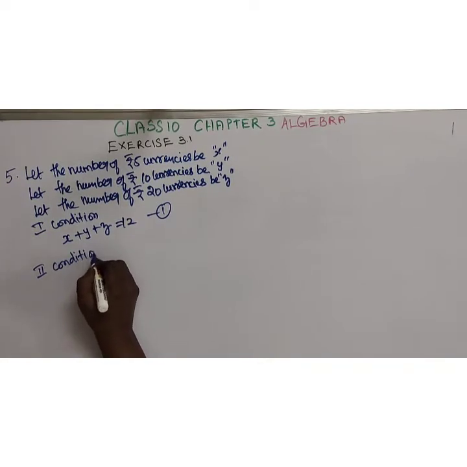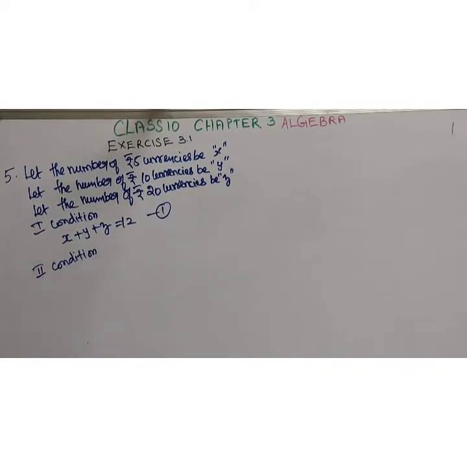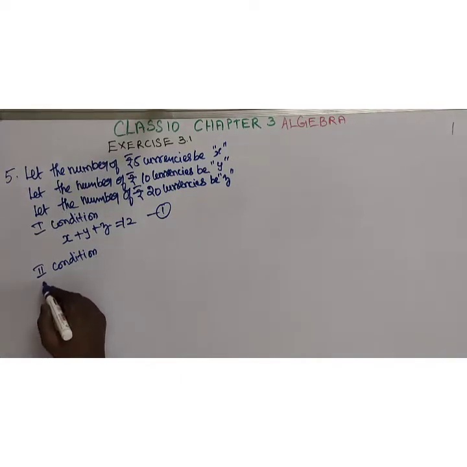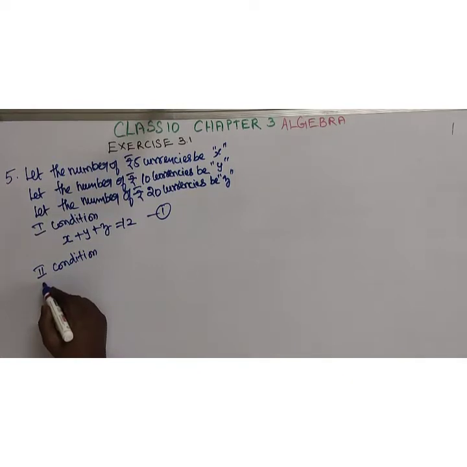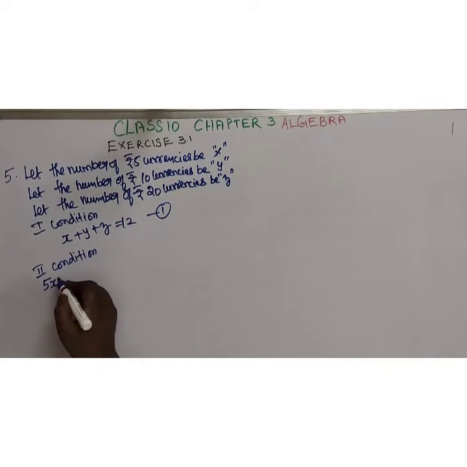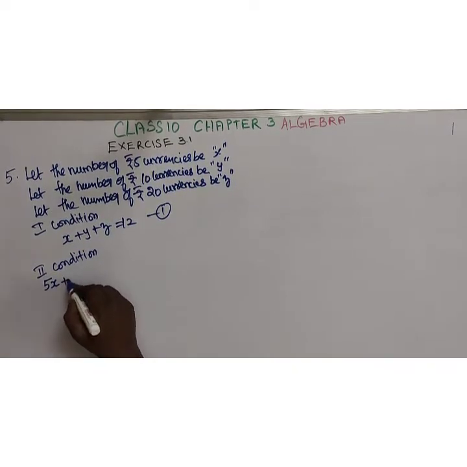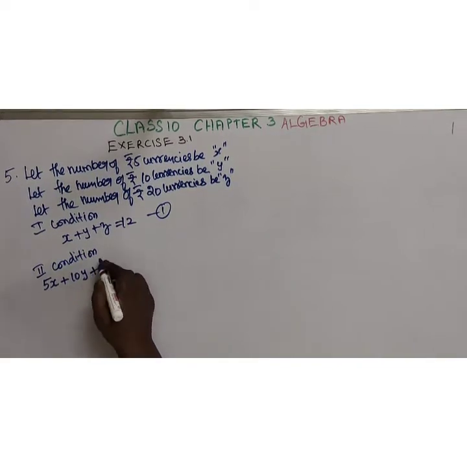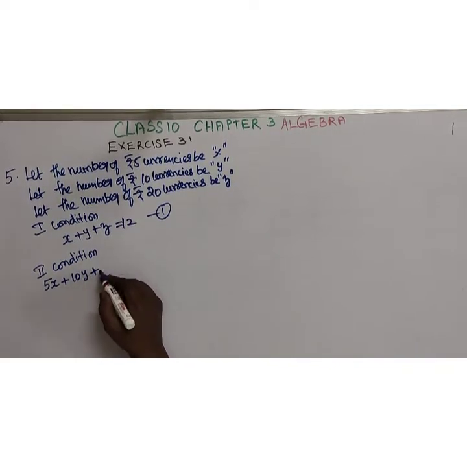Second condition states that their currencies whose total value is 105. So there are X number of currencies for 5 rupees coin, so 5X. And Y number of 10 rupees coins, so 10Y. And Z number of 20 rupees coins, that is 20Z.